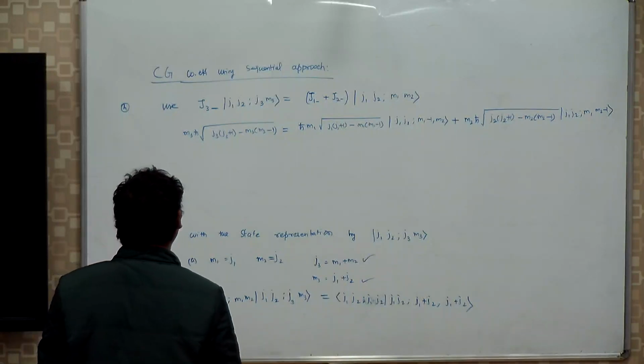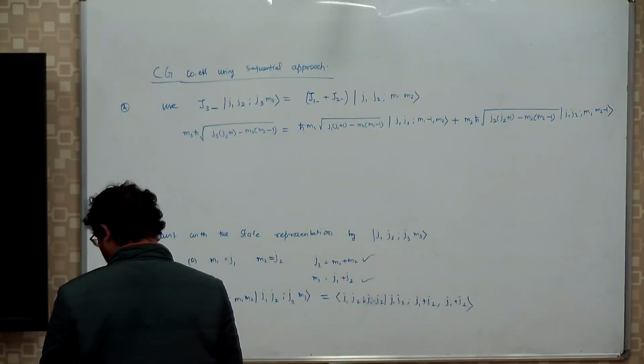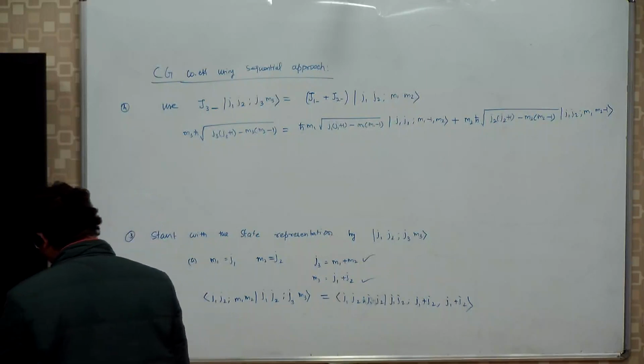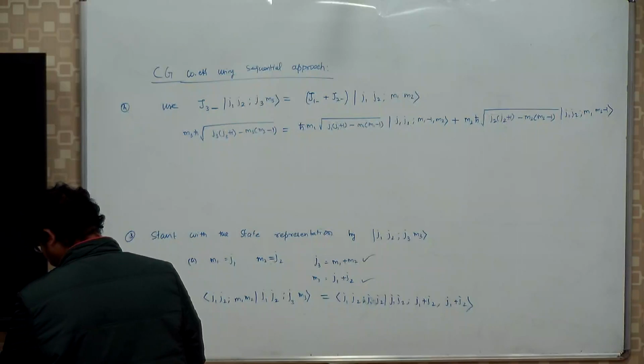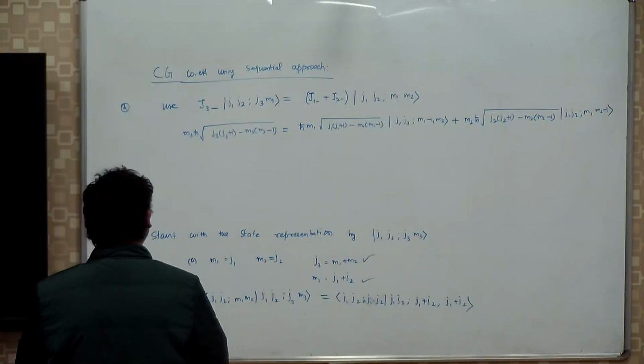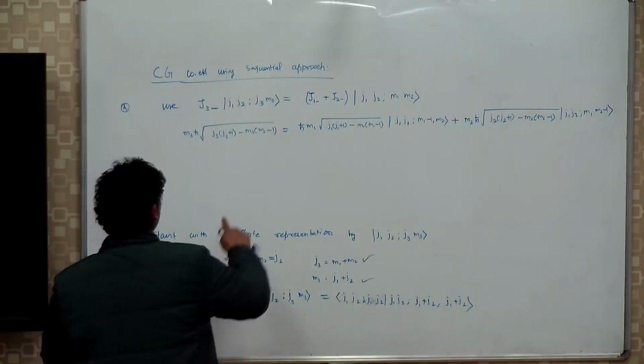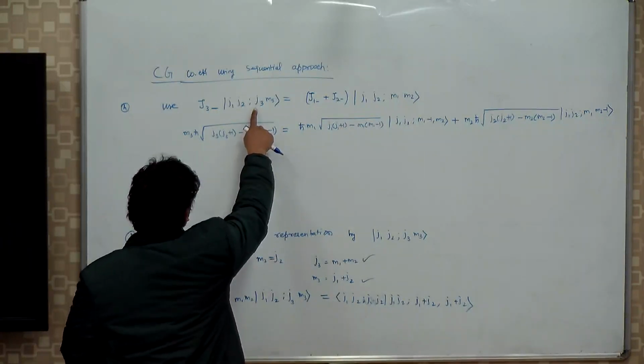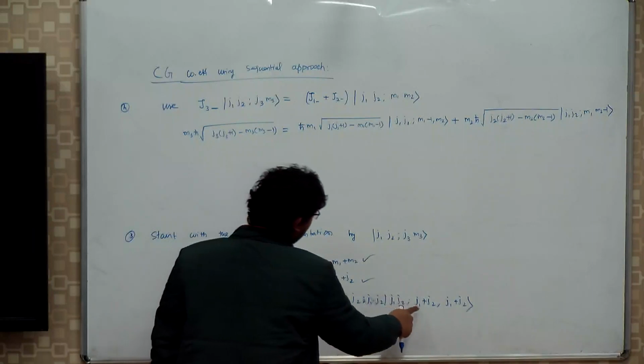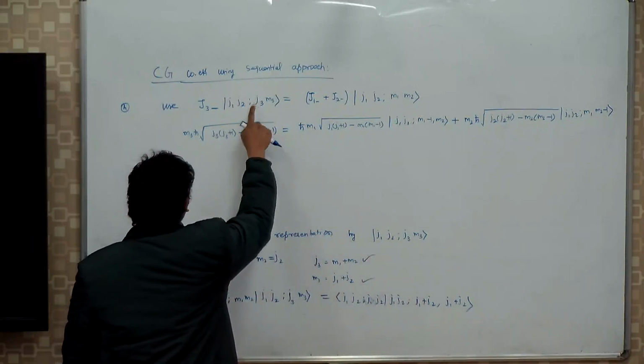So repeat this operator until we get J3, this quantum number here. So J3 is nothing but J1 plus J2, J maximum. Okay.